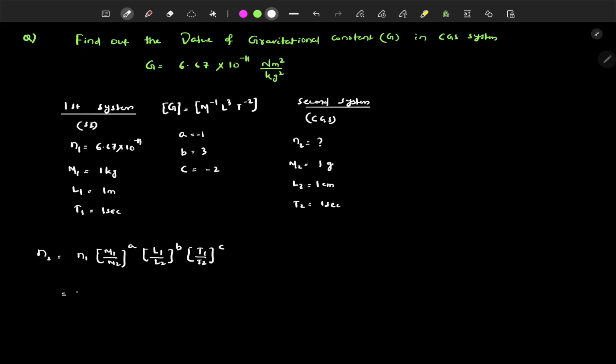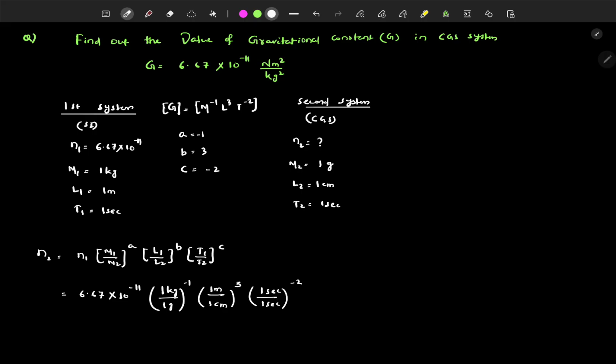So we have 6.67 into 10 to the power -11, M1 value is 1 kg, divided by 1 gram, power A value is -1. Next, 1 meter by 1 centimeter, whole power B value is 3. And third, 1 second by 1 second, power -2. I hope it is clear.